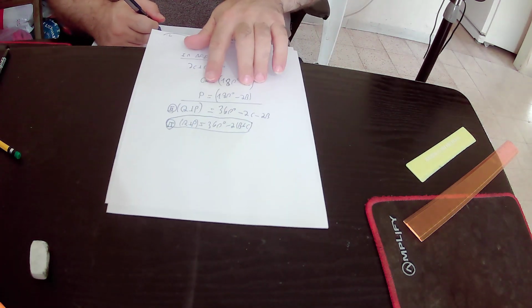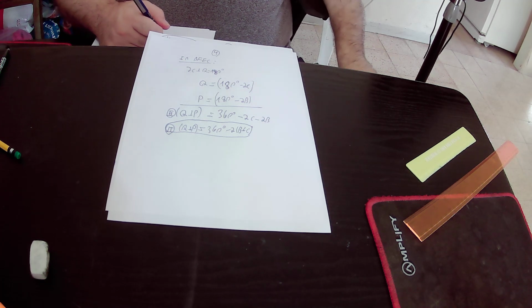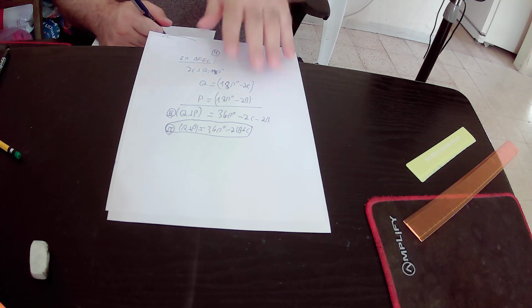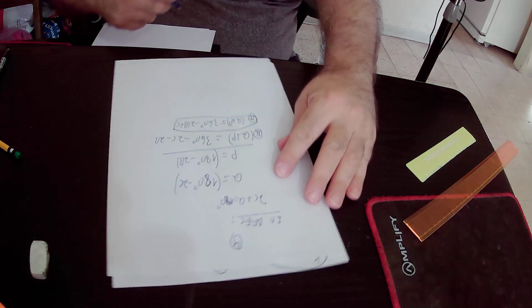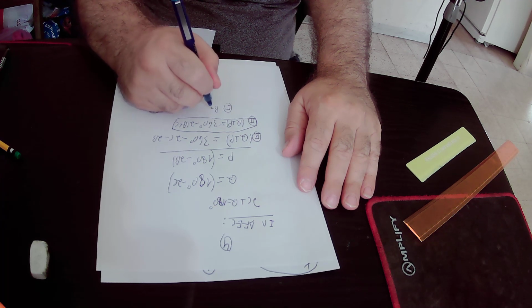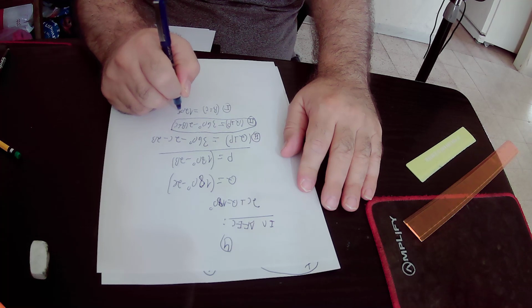Question number 2 states that Q plus P equals 360 degrees minus 2 times B plus C. But we have already found out in question number 1 that B plus C equals 120 degrees.